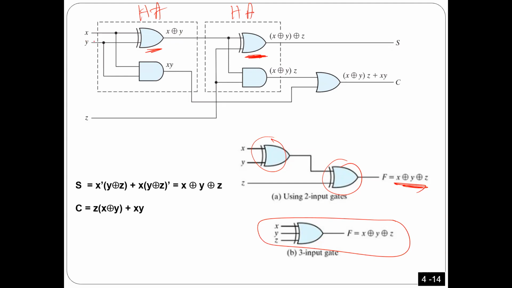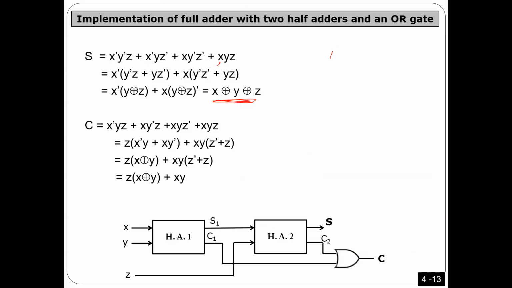So what I can do here in order to get the summation is, look here, X here, Y here. So I'm going to get X XOR Y, and then I'm going to input Z here as well. In order to get X XOR Y, which gives you S, the K-map gives me this one.